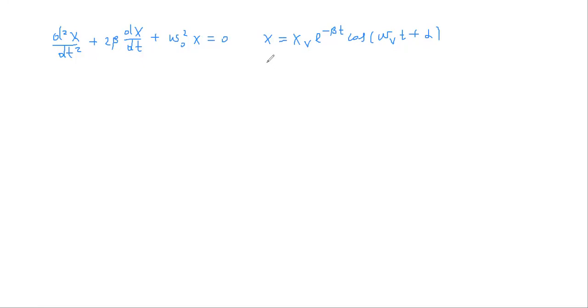where omega v is frequency of small free damped oscillations, and it is equal to square root of natural frequency to the power of 2 minus damping coefficient to the power of 2.